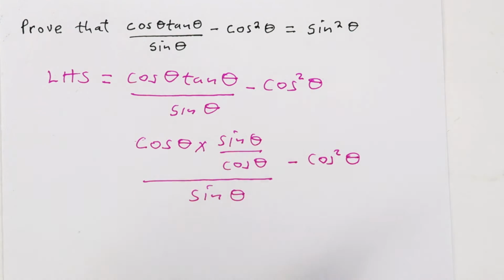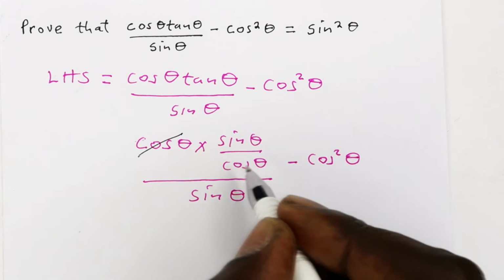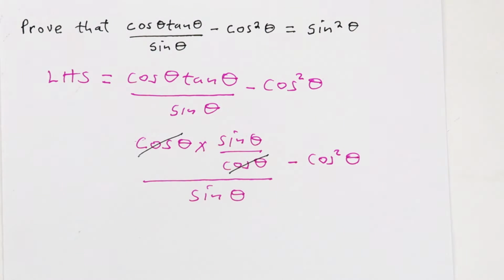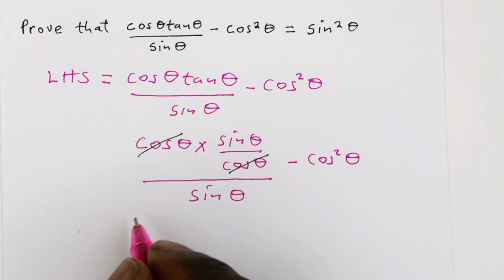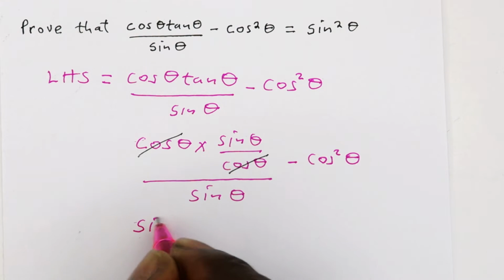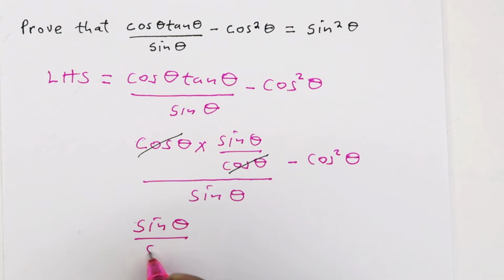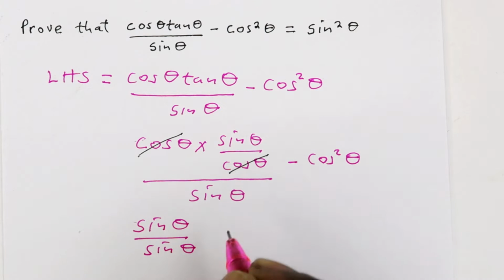So in the numerator, you can see that we can cancel cos theta and cos theta, so that we are left with just sine theta in the numerator. So that is sine theta over sine theta minus cos squared theta. That is what we are left with.